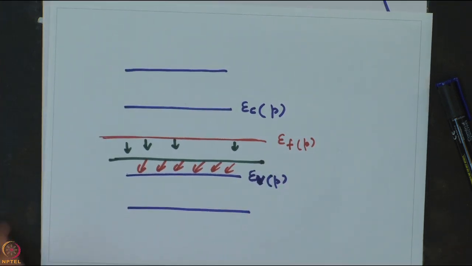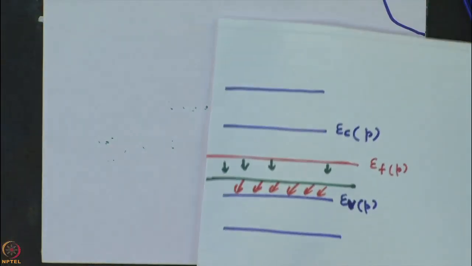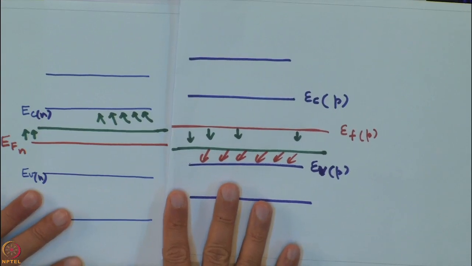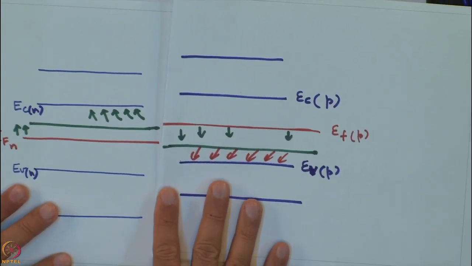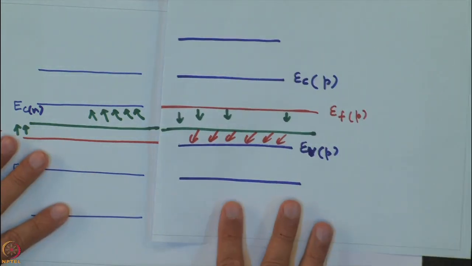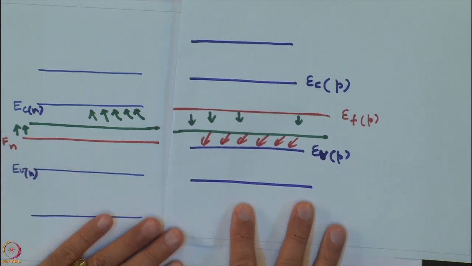Now, if you bring the two sides, the p type and the n type, together, I just keep them together and I just go by my definition. Fermi energy should have the same value for the combined n and p sides under the equilibrium condition. Okay? Then what we see is that there is a shifting of the other levels.